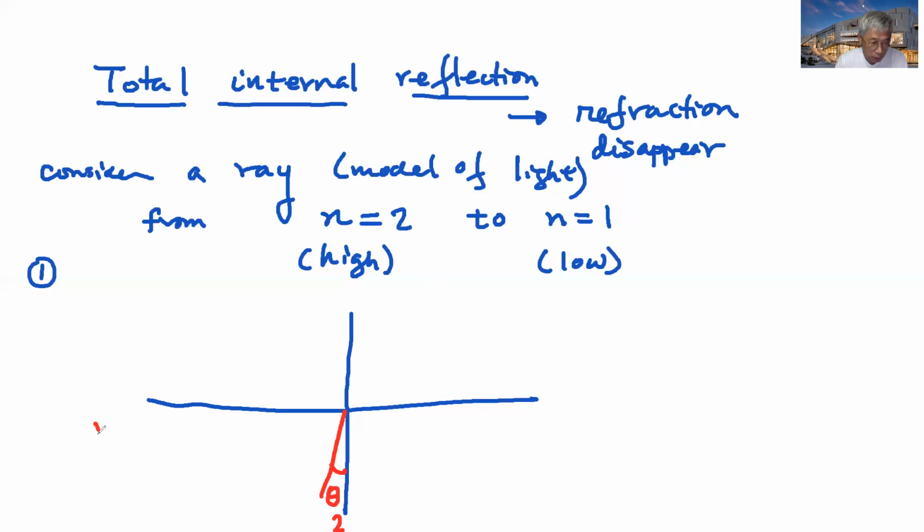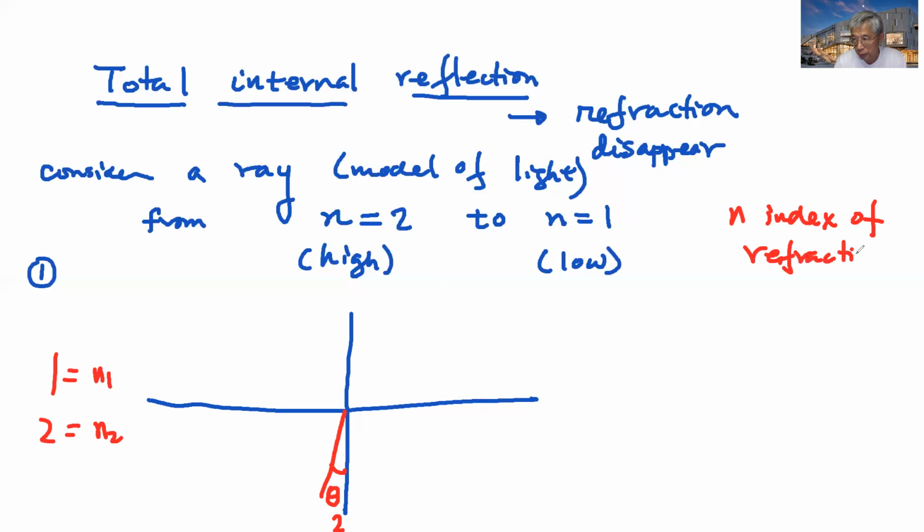This is n2 equal to 2 and n1 equal to 1, where n is the index of refraction, which we have discussed before. Then this is your normal line, so the ray will go away from the normal line, something like that. That's called theta 1.